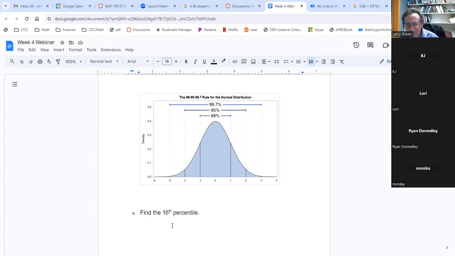Okay, let's see if you can find the 16th percentile. So now, if you're in the 16th percentile, imagine like in height or something. Are you tall or are you short?